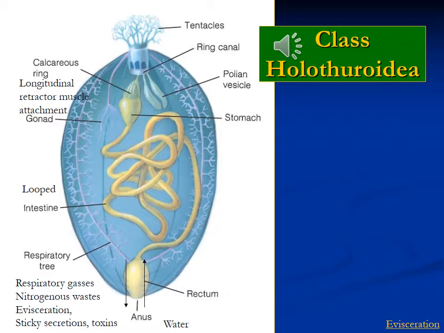It seems pretty inefficient to lose the very structures that you're using to exchange gases with, but they can regenerate them relatively quickly if they're lost. So again, back up to that calcareous ring. It's a supportive structure, and it has longitudinal muscles attached to it so they can bring in the tentacles.